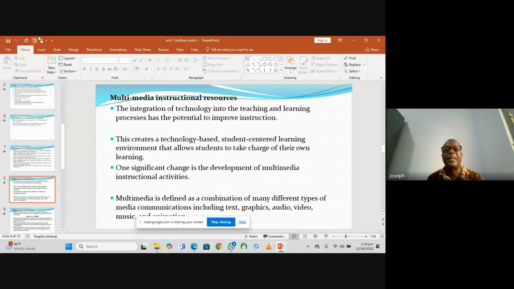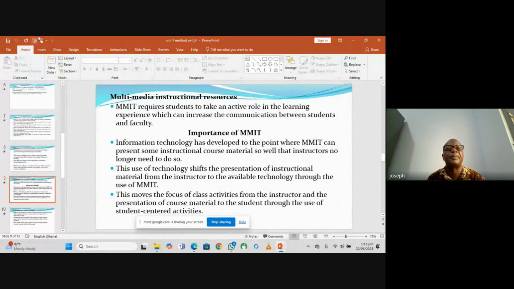Multimedia is defined as the combination of many different types of media communication, including text, graphics, audio, visual, musical, whatever that we use in our teaching and learning process. Multimedia instructional resources require students to take an active role in the learning experience, which can increase the communication between students and the faculty that they belong to.